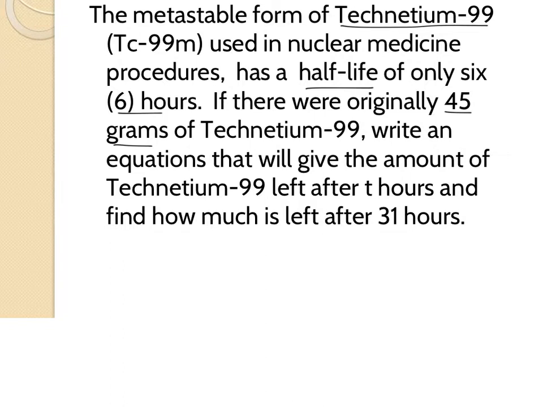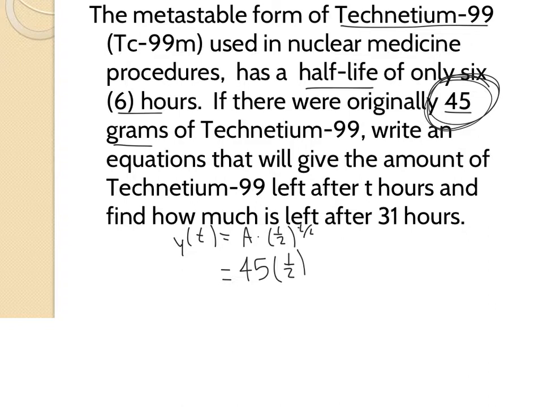Okay, so again, what we're going to do is we have y of t equals A times 1/2 to the t over L. A we know is how much we start with, so 45 goes in for A. We just copy down 1/2 because this is in fact half-lives.